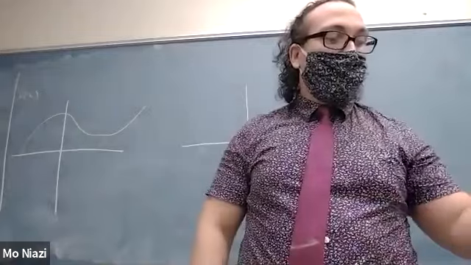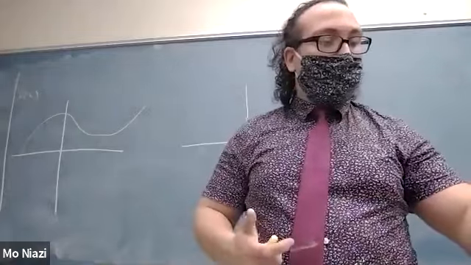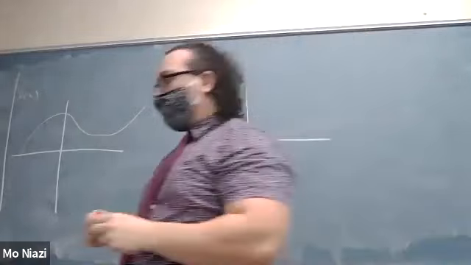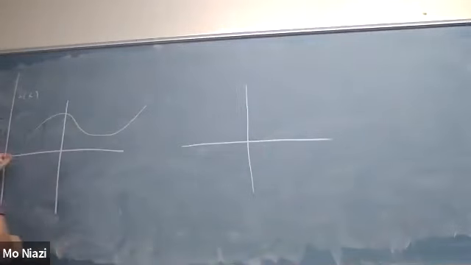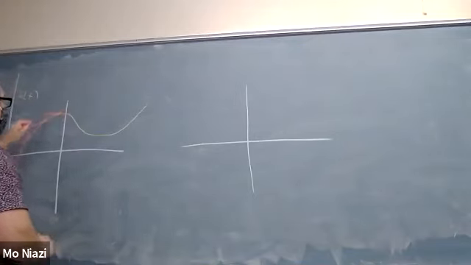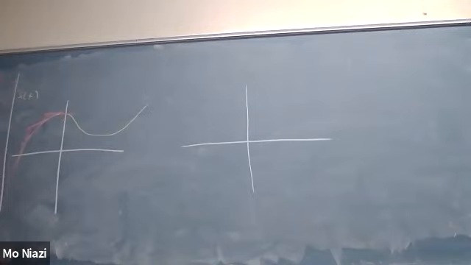Over here, notice that the tangent lines are positive. Positive. Positive. And then they become 0 at this point right here.